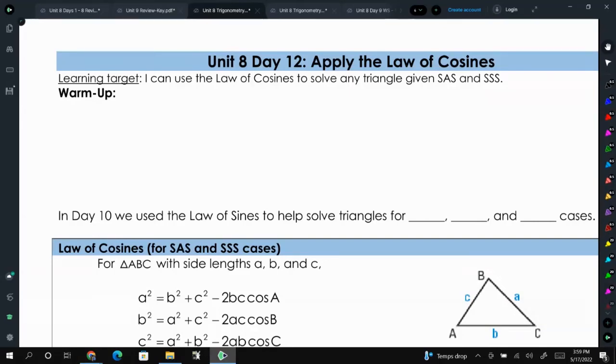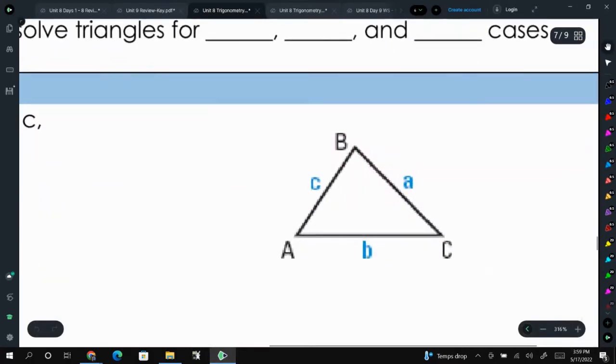Yesterday we used the law of sines to help us solve triangles. We could use it in any triangle, not just right triangles.